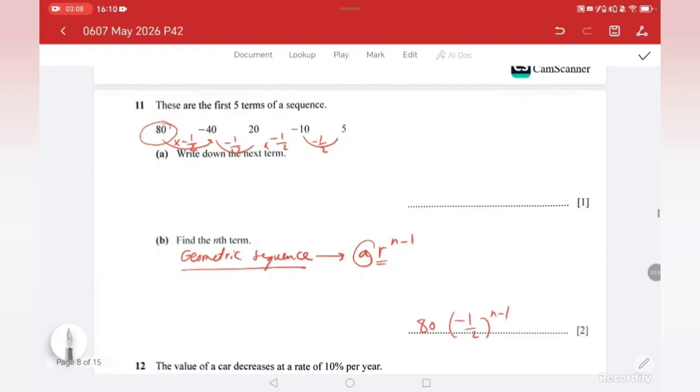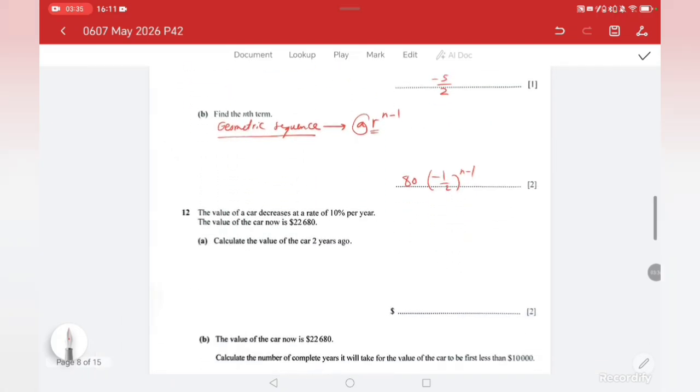This might be the difficult part of this question, but it's just a formula and you need to substitute in it. Now, how about the next term? The next term is just multiplied by negative 1/2, so it's negative 5 over 2. So this is the question about the sequence.